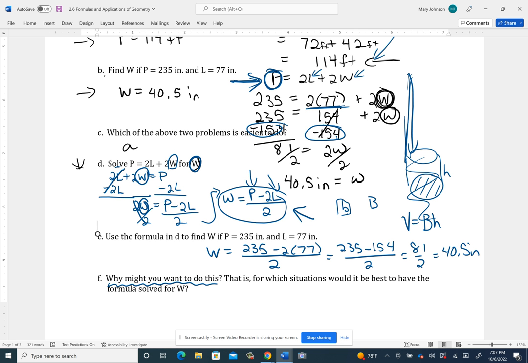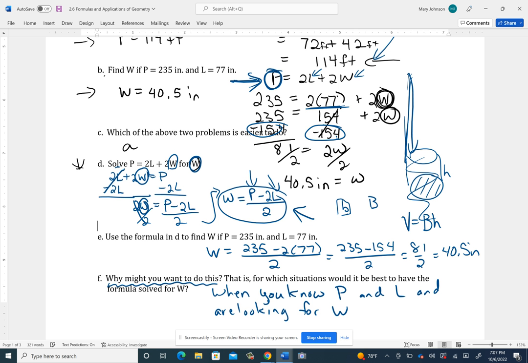And you would come up with this formula for yourself. Okay? So it's best to have the formula solved for W when you know the P and the L and are looking for the W.